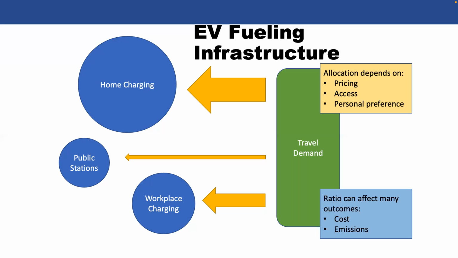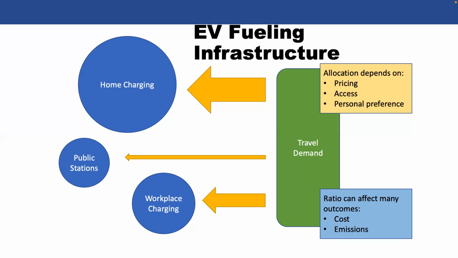If I have a lot of solar, I can build more workplace chargers, which induces people to charge at work. And because they charge at work during the day, they're using more of that. But if you build a lot more home chargers, that tends to happen in the evenings, where maybe you have more natural gas generation.